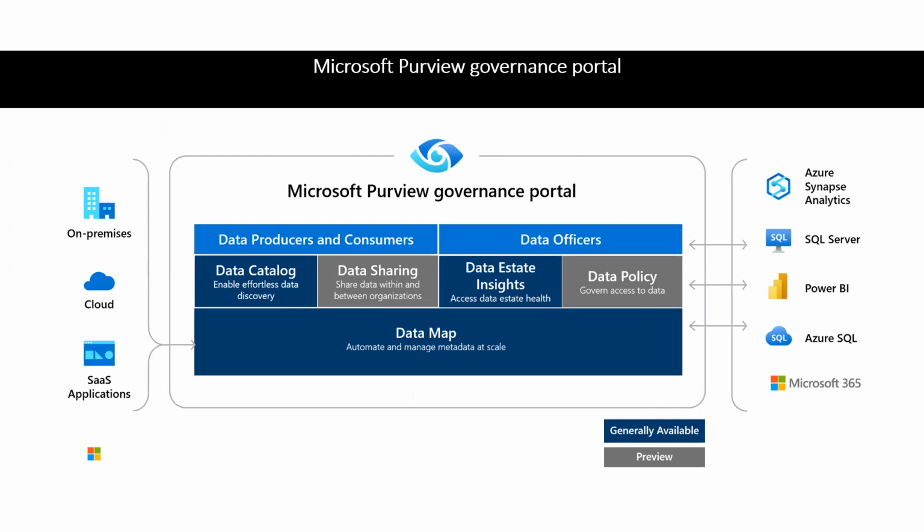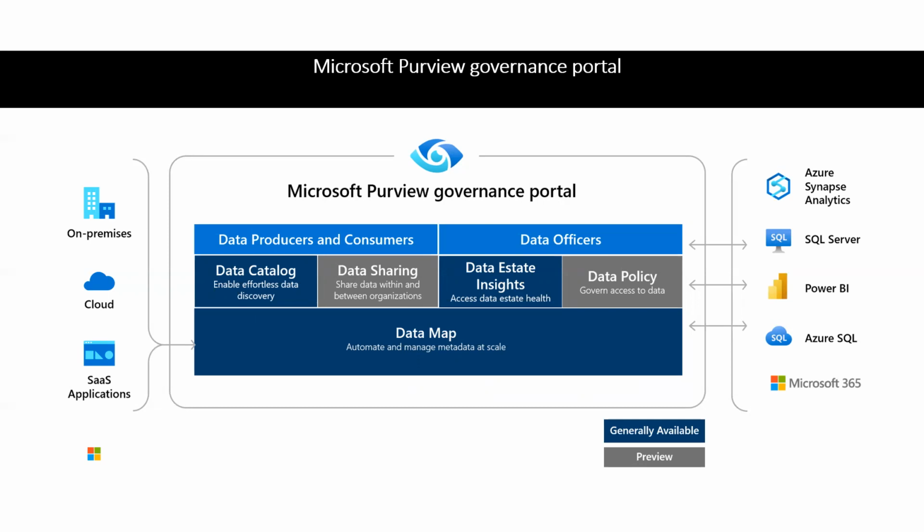On our left, on-premise, cloud, or any software as a service applications. And what are the apps available? We can see data map, data catalog, data estate insights, and data sharing. You can see everything is available in this diagram.